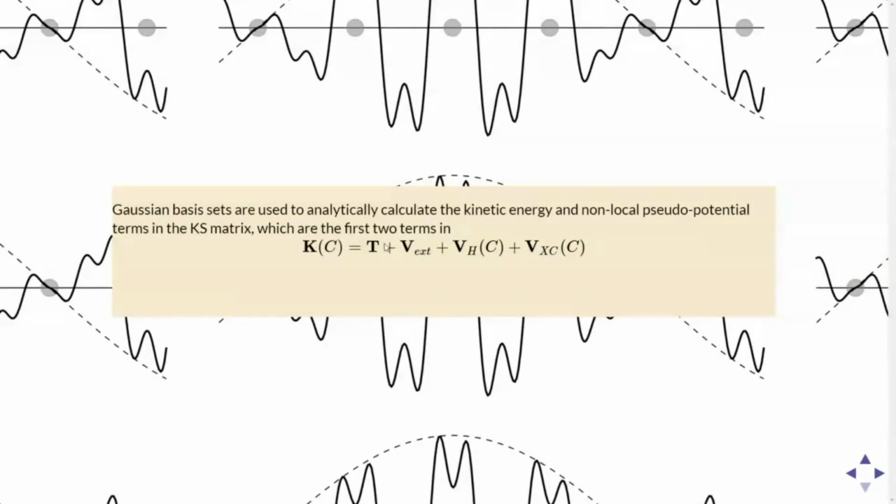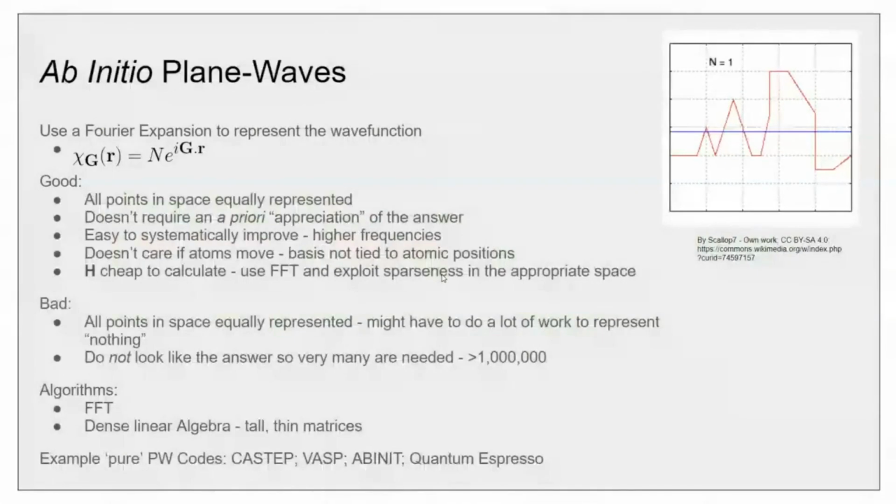So we can evaluate those very, very quickly and easily with the Gaussian basis function, essentially exactly as Gaussian or ARCHER or another quantum chemistry code would do. But the last two terms, the Hartree potential and the exchange correlation terms, particularly when we're in a periodic system, are a bit more complicated.